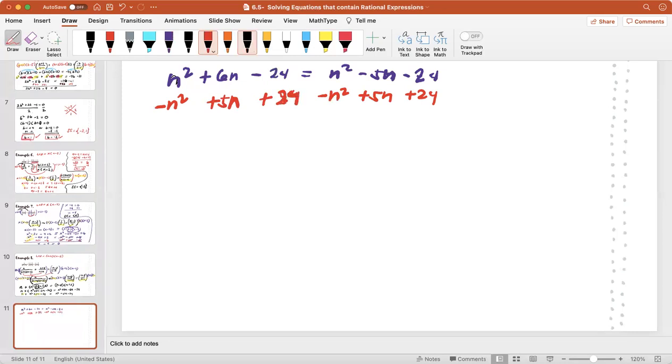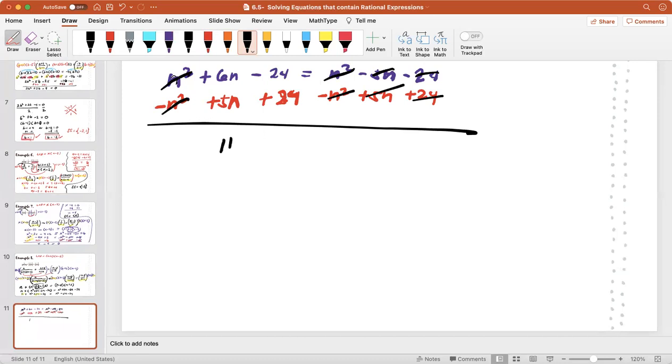Of course, this will be 0. 6n plus 5n, 11n, equals 0. Can we solve this? Yes, of course we can solve it. Divide by 11, divide by 11, n is 0.